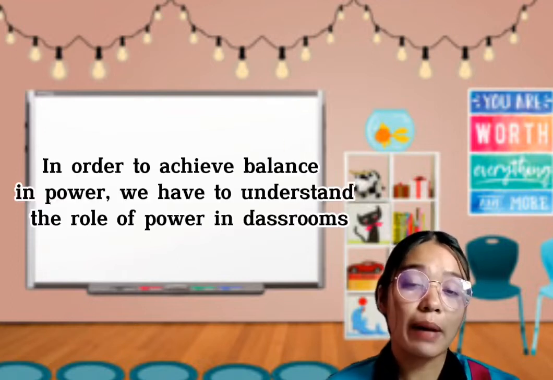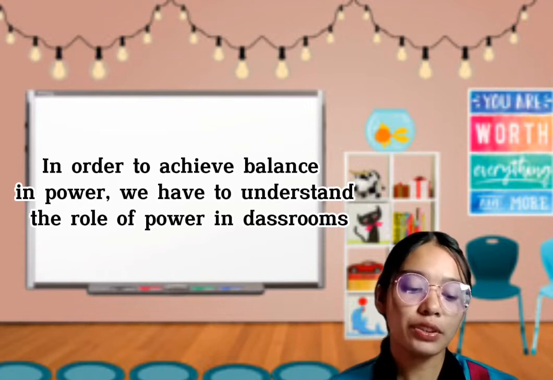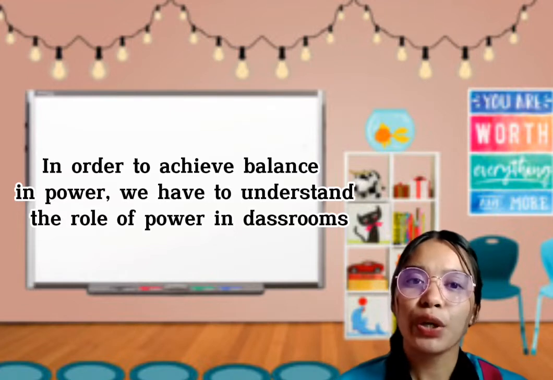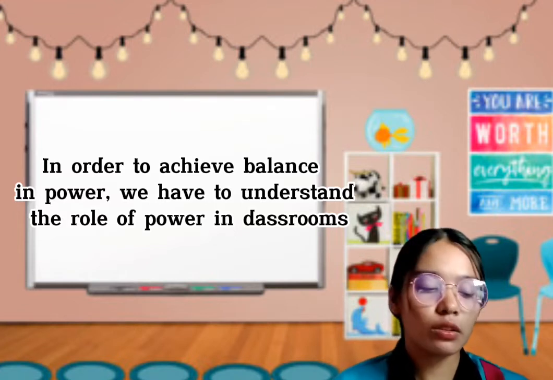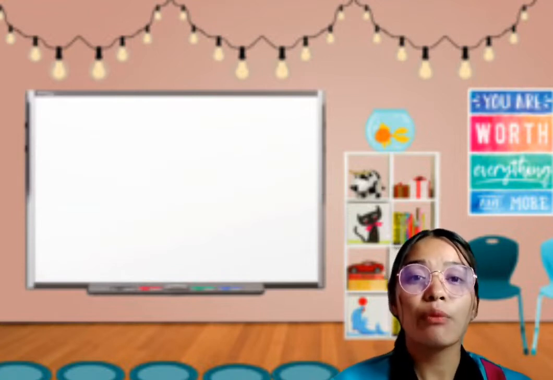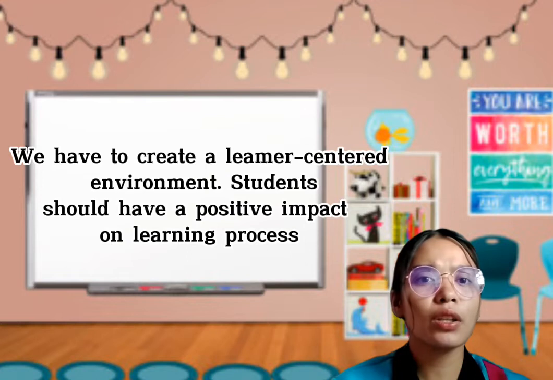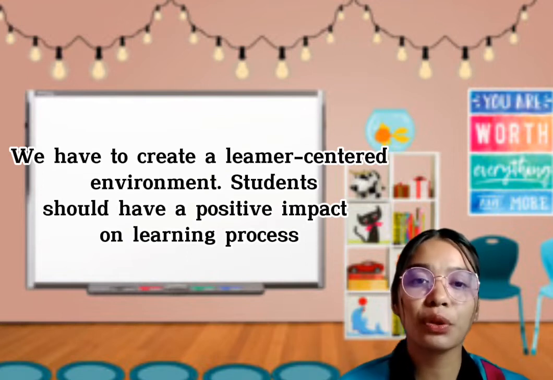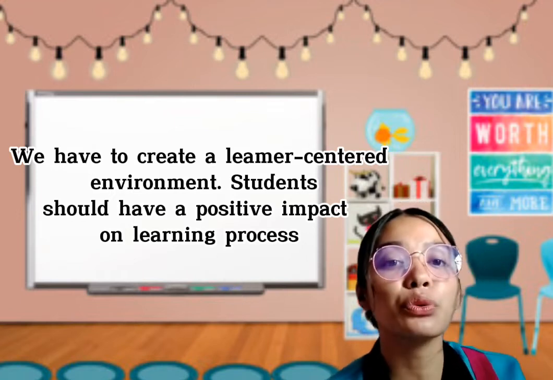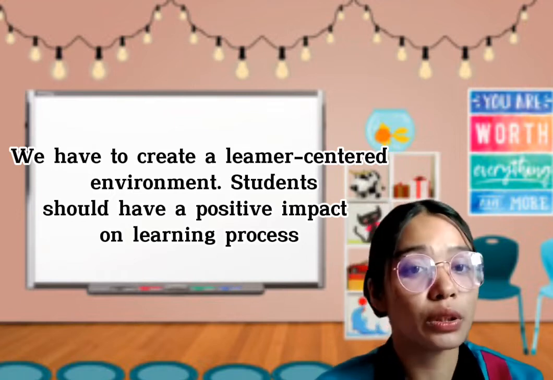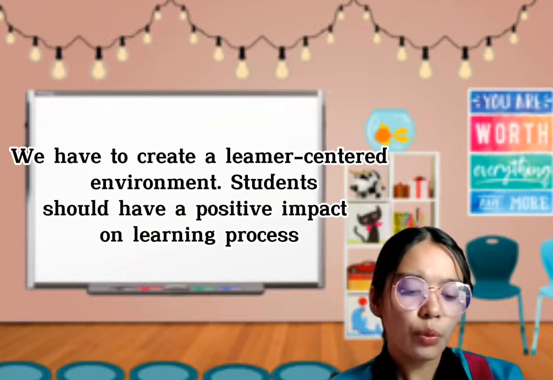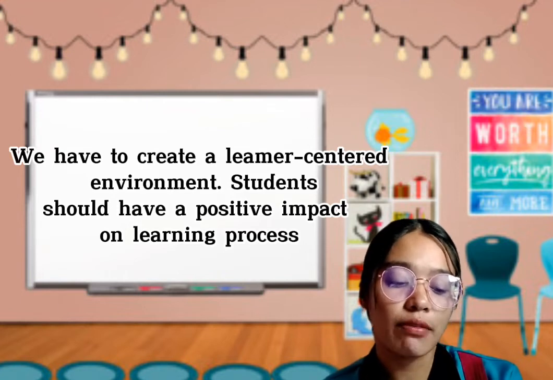In order to achieve balance of power, we have to understand the role of power in classrooms. So in order for us to fully understand and achieve a great balance of power, we must look at our surroundings in the classroom so that we are knowledgeable enough to understand the main role of all the things inside the classroom. We have to create a learner-centered environment.